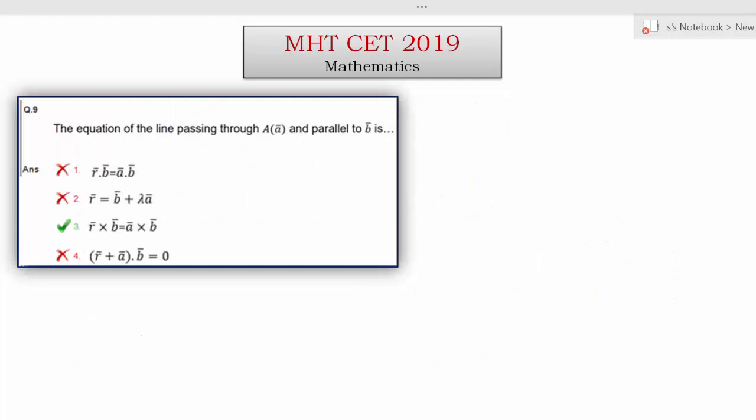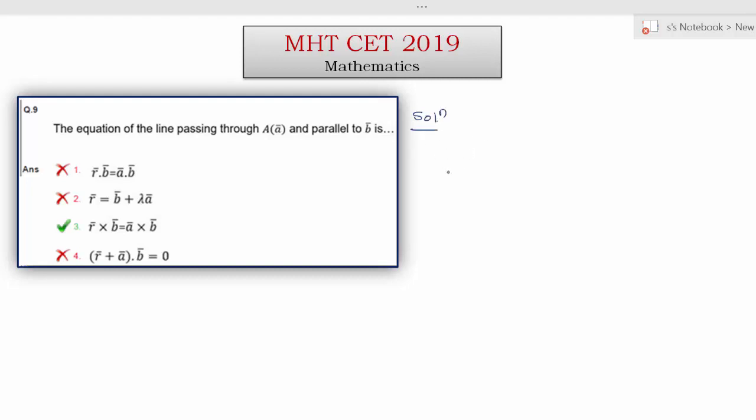Okay students, let's move on to question 9. The equation of the line passing through point A and parallel to B bar is. Now, the equation of a straight line passing through a point and parallel to a vector, we have studied in the chapter 3D line.